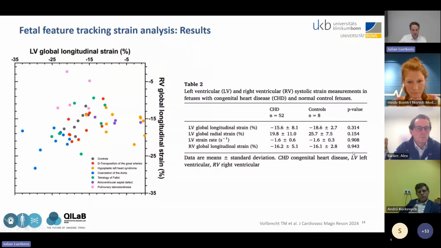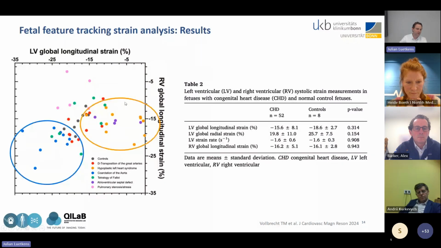And these are group differences between cases with congenital heart disease and controls. What you can see here is that there aren't any significant differences between cases with congenital heart disease and controls if you merge all these cases. But in this plotted graph there are distinct differences in strain parameters, especially if you look at some subgroups.